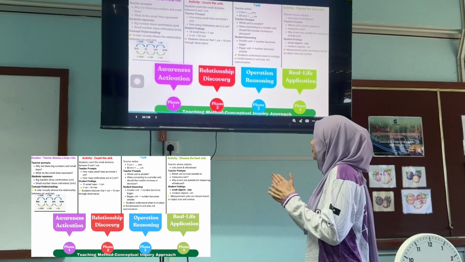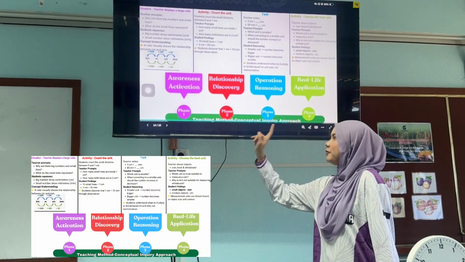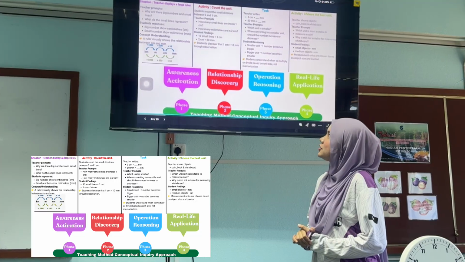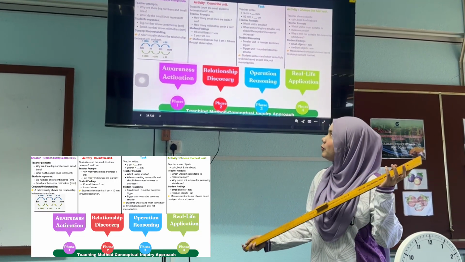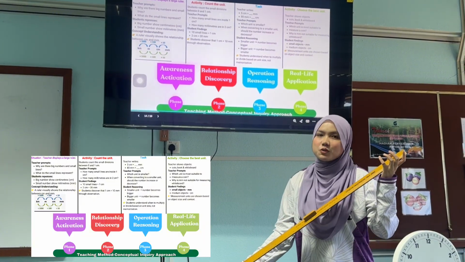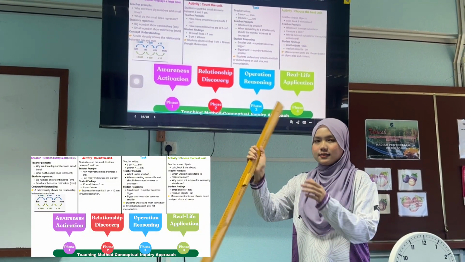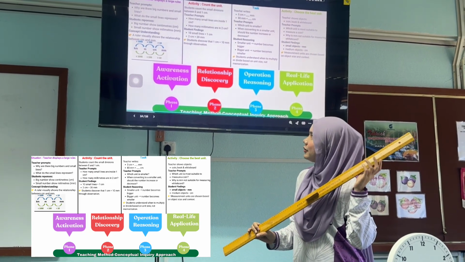We go to the teaching method, the conceptual inquiry approach. We have 4 phases, and phase 1 is awareness activation. In the situation, the teacher displays a large ruler, which is this one, and then the teacher prompts, why are there big numbers and small lines? So here we have big lines and small lines. So what do the small lines represent?